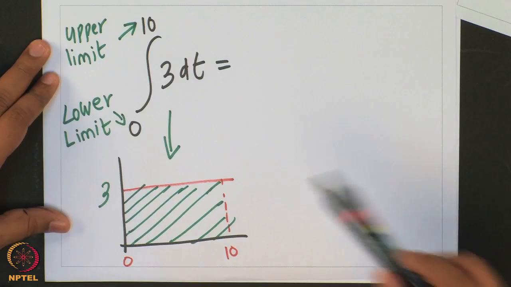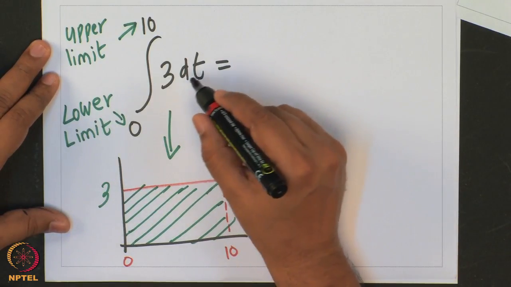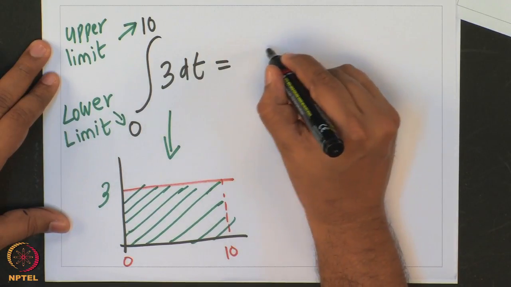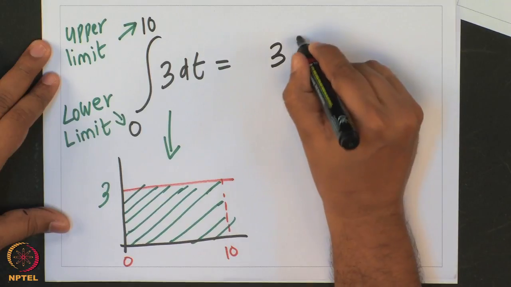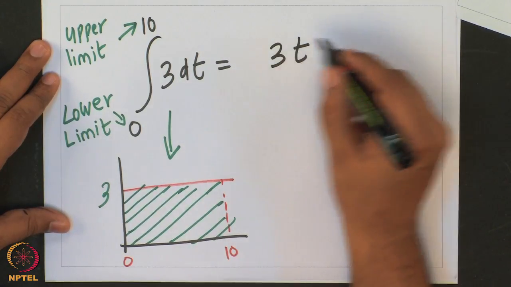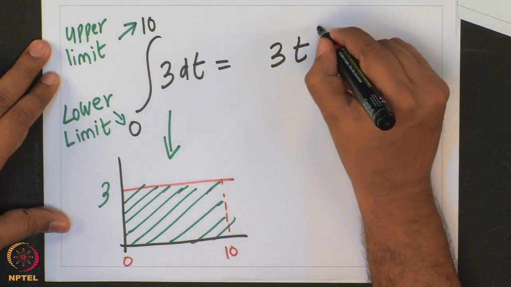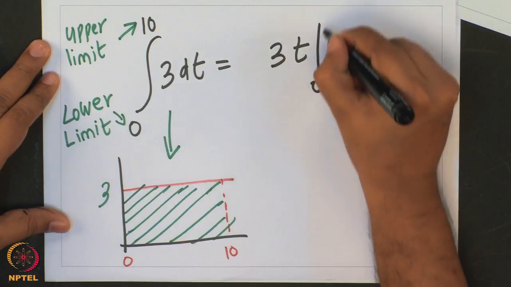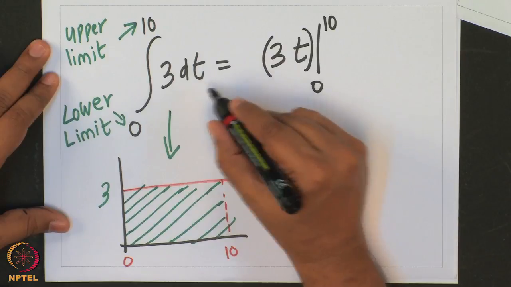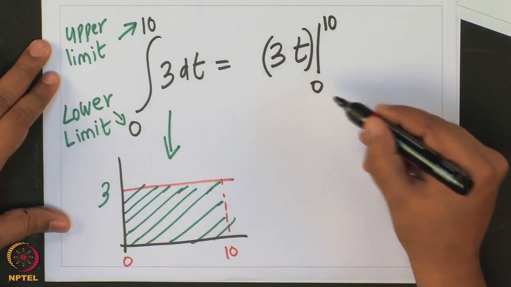The way to do it is the following. We know that the integral of 3 dt, where 3 is a constant and the integral of dt is t, will be 3 times t. We would typically write a plus constant if I don't have this limit. But if I have this limit, the way to express it is this. I write 0 and 10 here. That is, I have the integral of 3 dt as 3t within the limit 0 to 10.